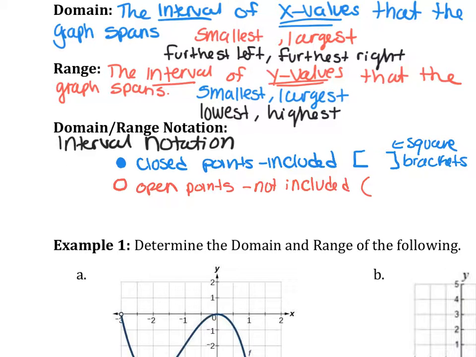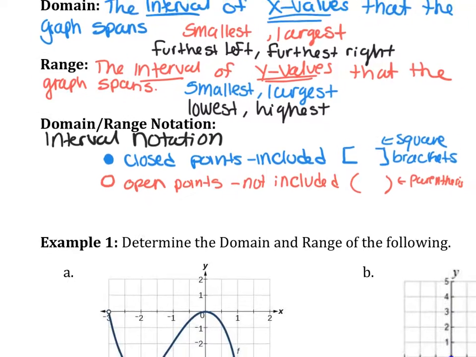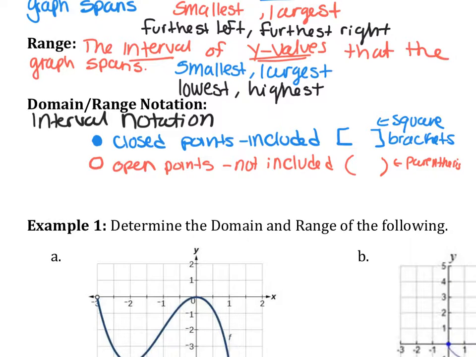And we use parentheses. So it's important that there is a difference between what your bracket looks like and what your parenthesis looks like, because they mean two different things. So make sure your square brackets are square and your parentheses are nice and curved.